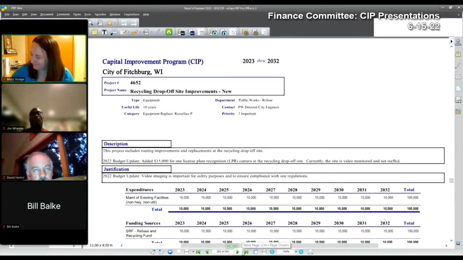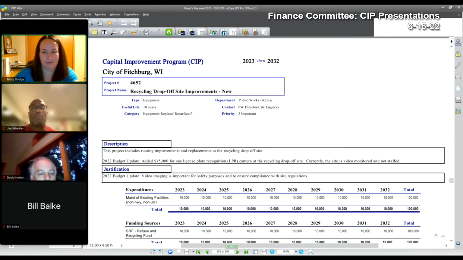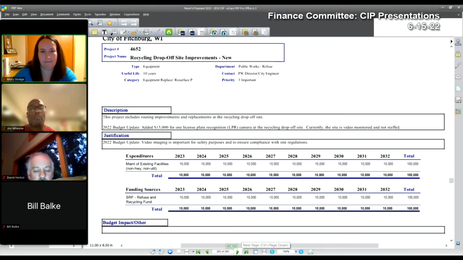This is a new project. It's funded by the Refuse and Recycling Fund and would be an annual allocation associated with improving and maintaining the recycling drop-off site for residents of Fitchburg, including equipment purchase and replacement, fencing, video surveillance, pavement replacement, traffic circulation improvements, and future composting ability.